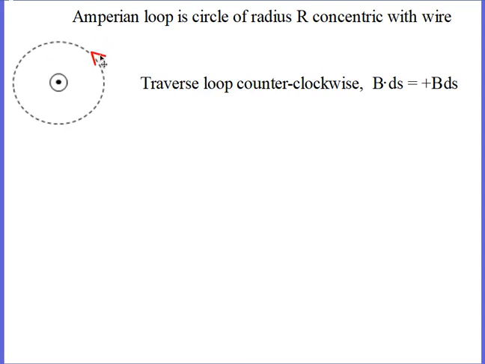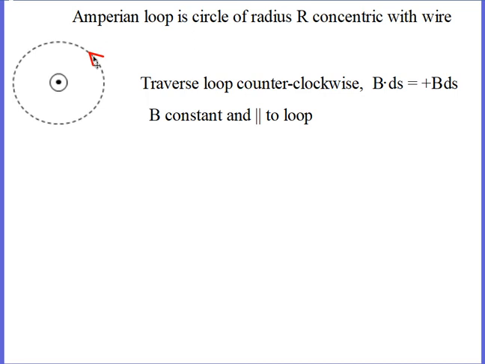And I choose to traverse it counterclockwise. You need to tell me that, or at least say as indicated in the diagram, but you need to explicitly say how you're going to traverse the loop, and then you talk about the magnetic field at that loop.